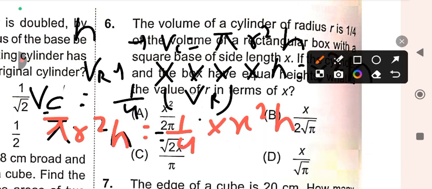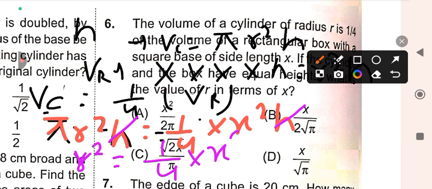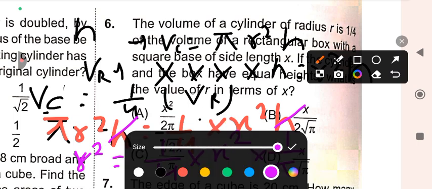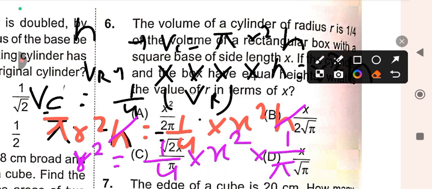Now we just cancel out the common terms. h is cancelled by h. What we are left with is r square equals 1/4 into x square into 1 upon pi. I am rubbing the upper part so that I can write it.